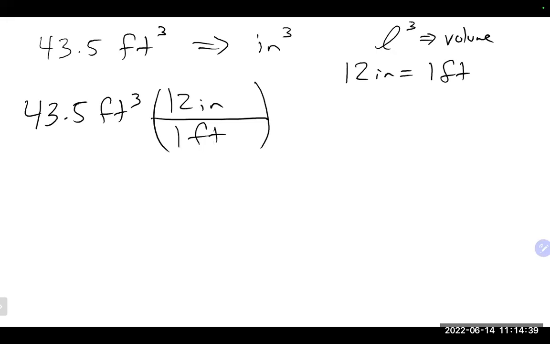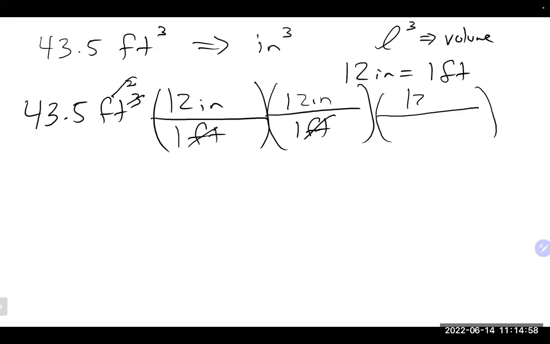If I do this, did I properly cancel out everything? I did not. This is only 1, which only takes out 1 of those. You're still left with 2. You actually have to do this conversion 3 times to get rid of all of the feet in this case.